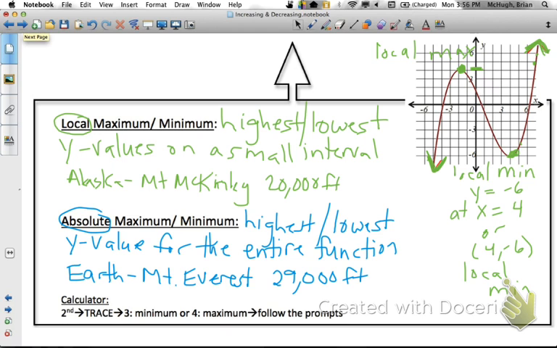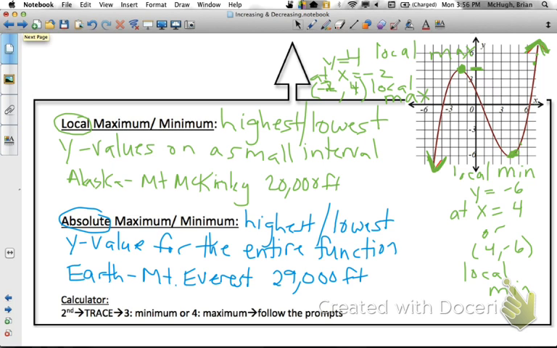Likewise up here, the local maximum we could say is y equals 4, and that happens at x equals -2. Or we could simply say the point (-2, 4) is a local max. So that's how we analyze the graph.